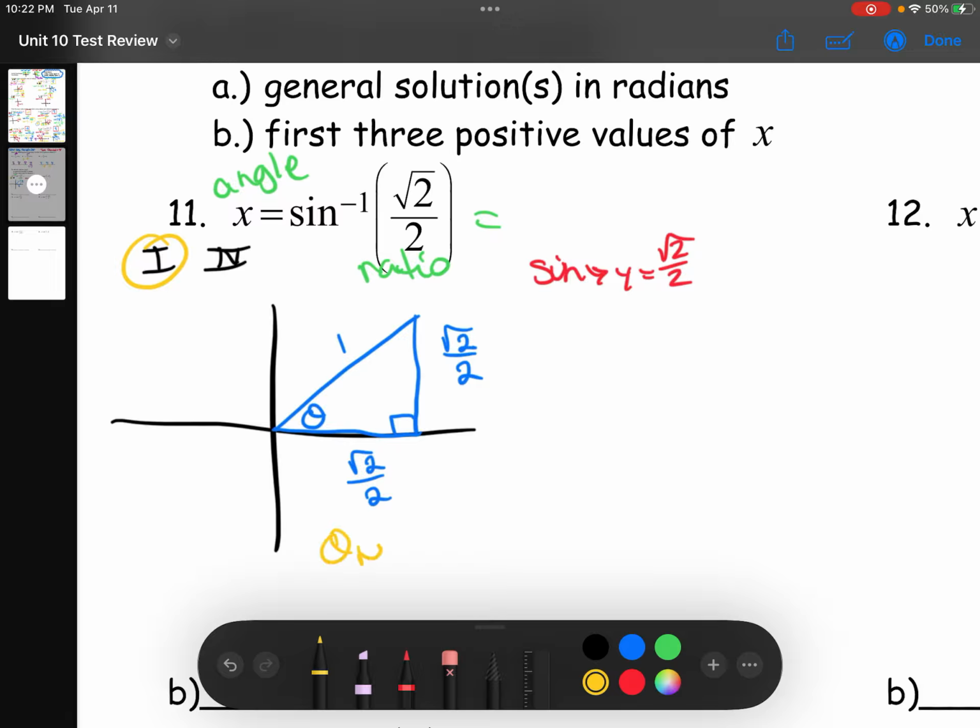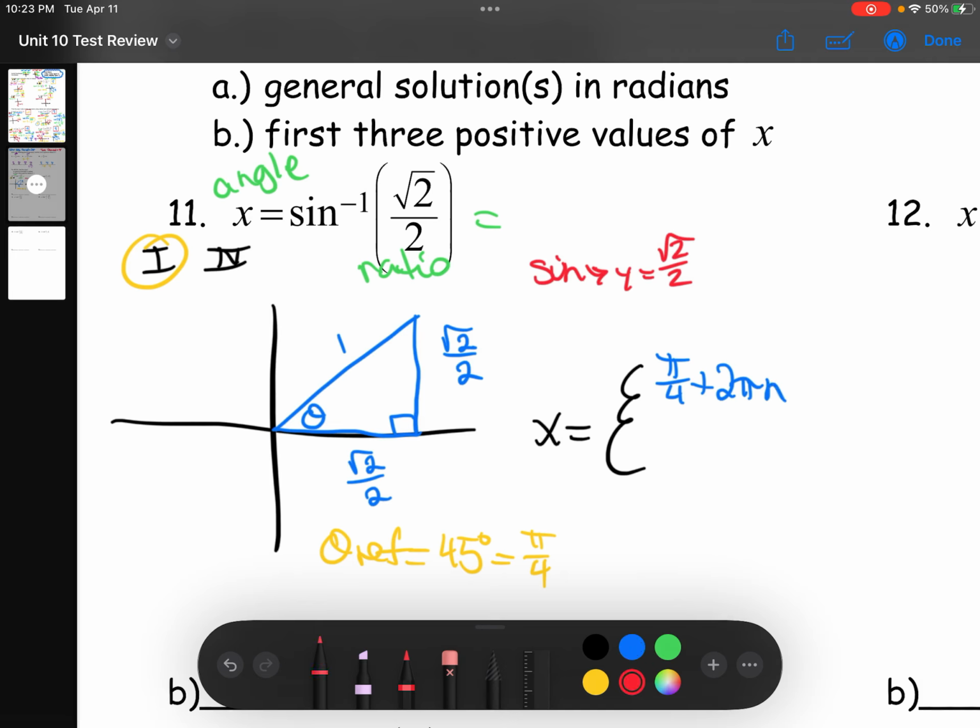So that reference angle is 45 degrees or pi over 4. So our first part of the general solution would be x equals those curly braces, and then pi over 4 plus 2 pi n.